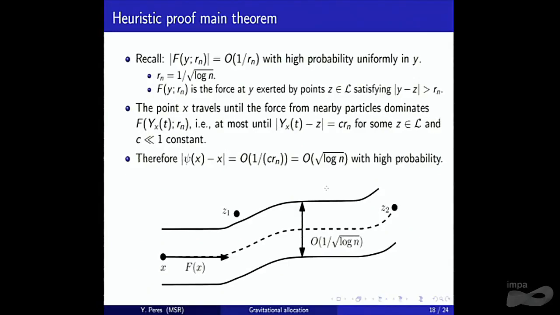If the area is too small, unlikely to see a point. If the area is much bigger than 1, it's likely that there was already a point there. So that's why we're going to go a distance of about root log n before we encounter a star. Okay, and then a star that's close enough to swallow the particle. Okay, any questions?